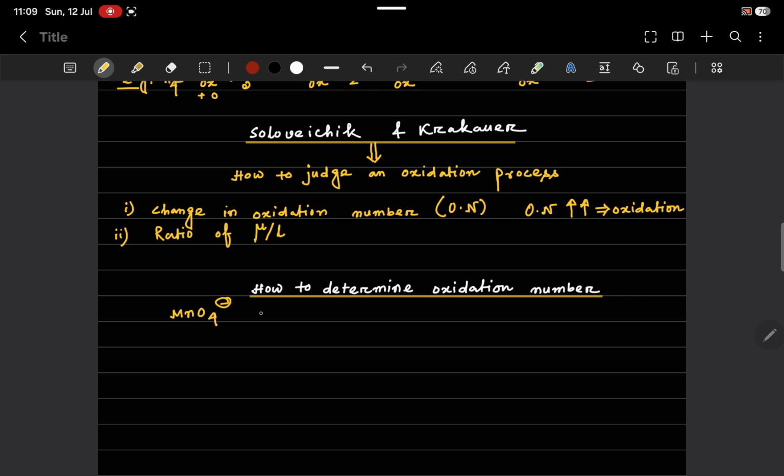You can easily find out. Let's say I don't know it, so I consider it as X. Then you know that oxygen always possesses -2 charge. So x plus (-2) into 4 equals -1, so x - 8 equals -1.